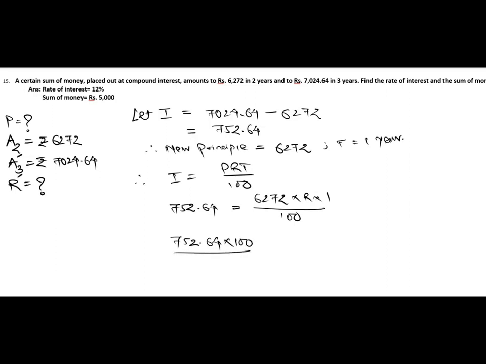So 752.64 into 100 upon 6272 is equal to R. So what will be R? 75264, the decimal places are removed with the help of zeros, upon 6272.